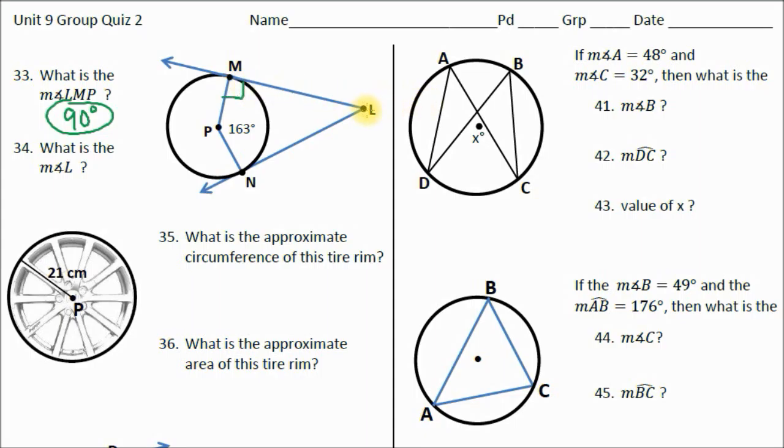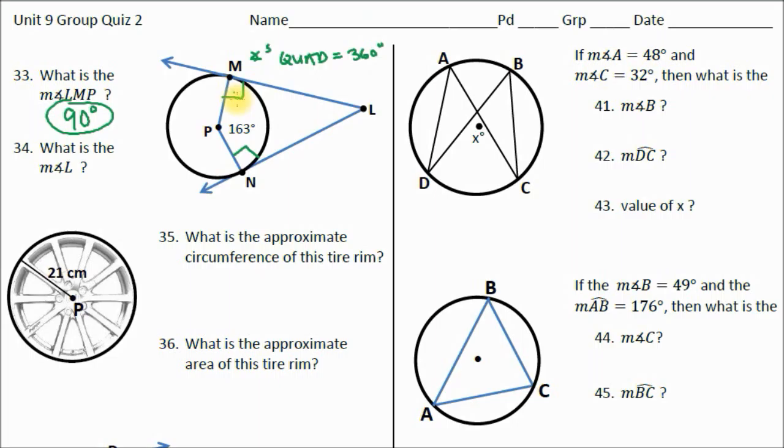Well, we know by the same property that LNP also must be a right angle. And LMPN is a quadrilateral, a four-sided polygon. We know the angles of a quadrilateral equal 360 degrees.